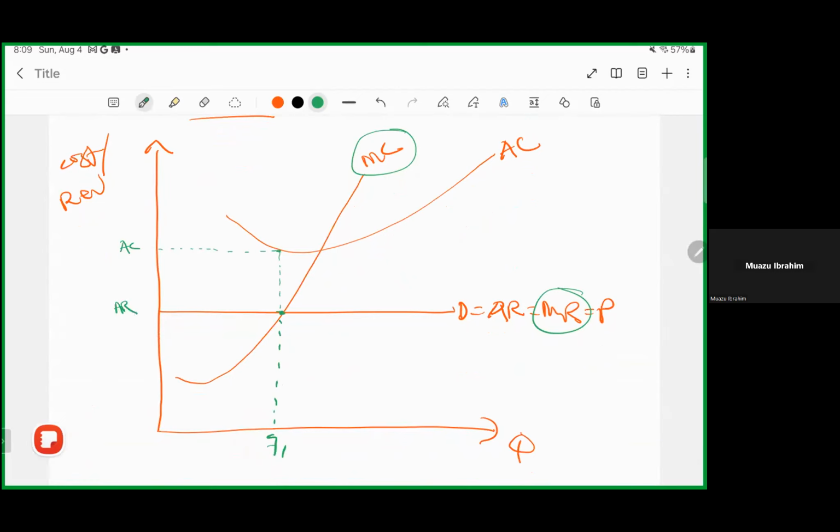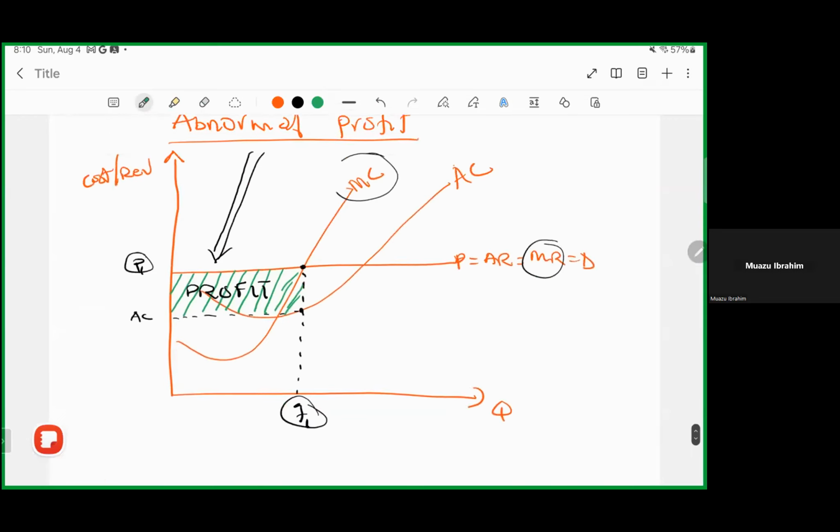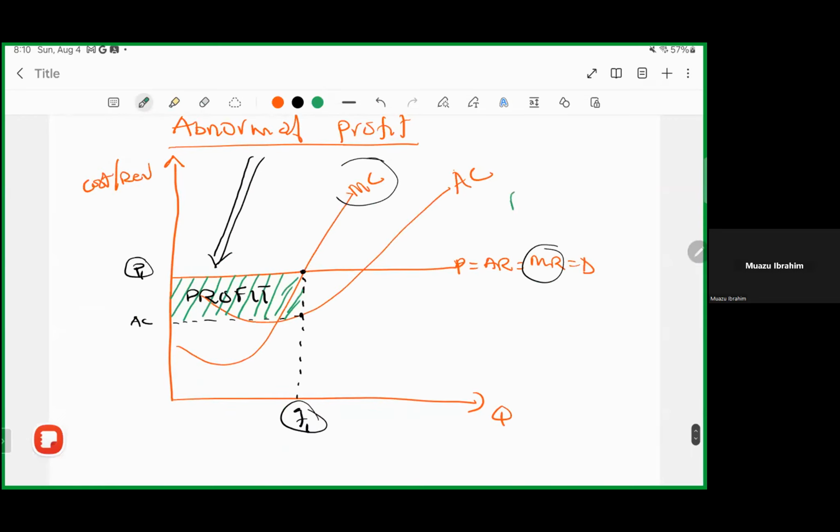And here will be the average revenue. You realize that in this particular case, average cost here is greater than average revenue. But here, average cost is less than average revenue. As you can see, this is average cost, which is less than average revenue.